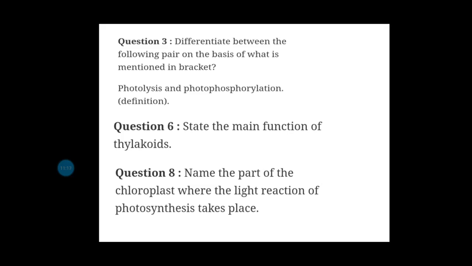So the main function of thylakoid is to produce chemical energy from light energy which will drive the dark reaction. Now the next question is, name the part of the chloroplast where the light reaction of photosynthesis takes place. In the chloroplast, in the thylakoid membrane, the light reaction occurs.